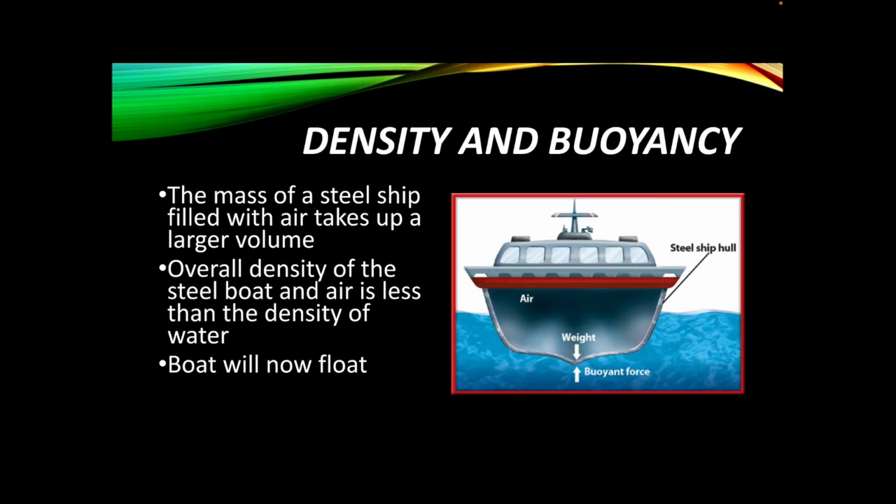The air that fills up all of the open space inside of the steel ship is also going to be a greater amount. Therefore, if you look at the overall density of the ship, with the large amount of steel spread out over a larger space and the air that fills it up, the entire ship is less dense than the water that it's in. Therefore, the boat is going to float.